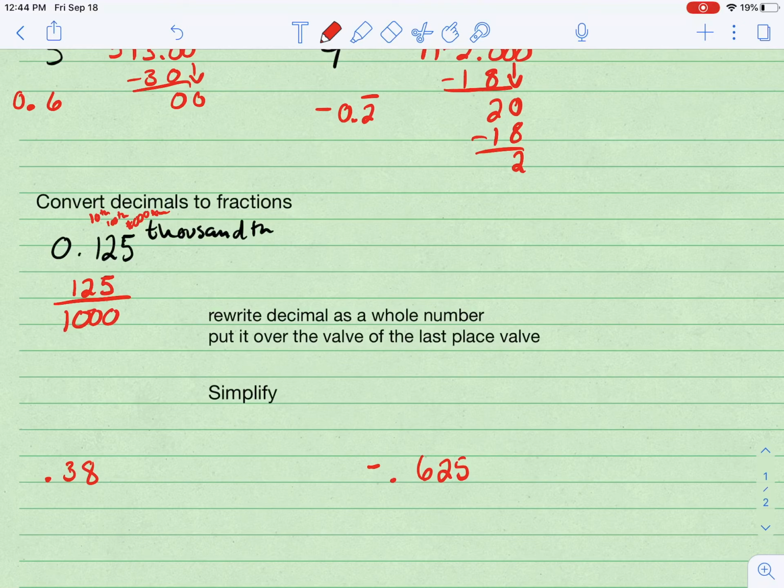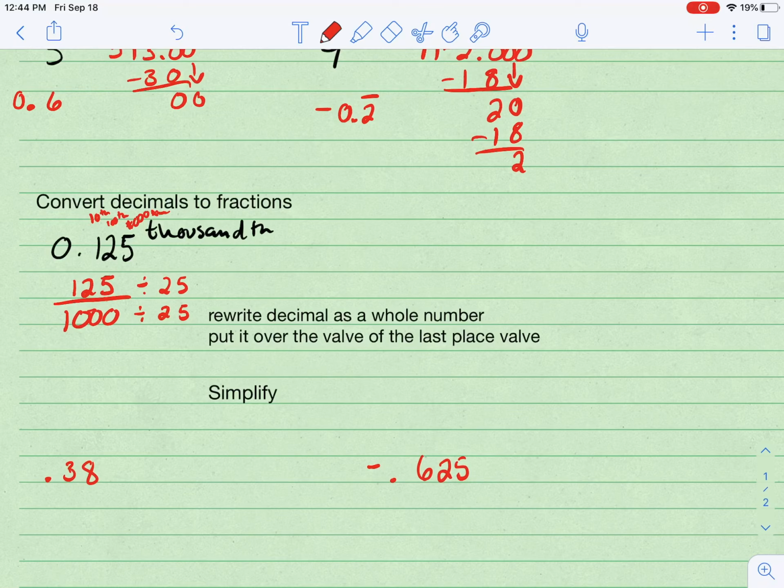So you look for the greatest common factor of 125 and 1,000. Well, I know 25 goes into both of those. So I'm going to divide both top and bottom by 25. This is going to simplify my fraction to a smaller term, and then I'll see if that is indeed the smallest term. If not, I can always go back and simplify even more.